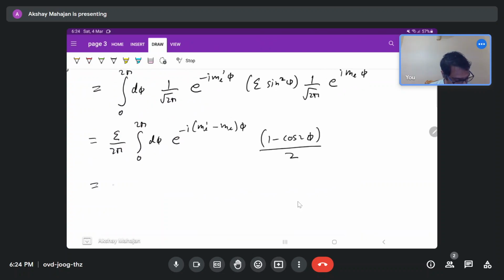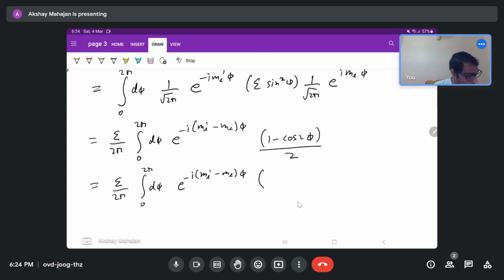Now I can further write this to make the integration easier, with ml prime minus ml times phi.